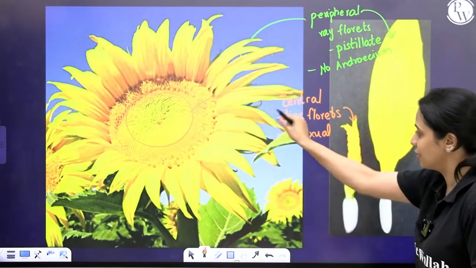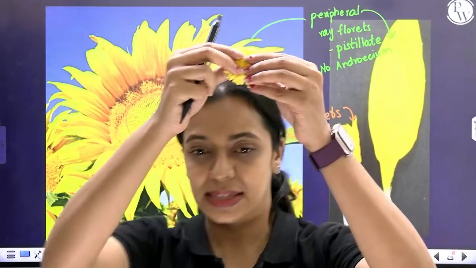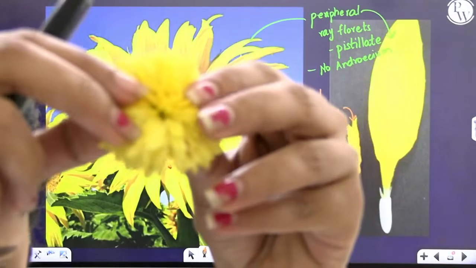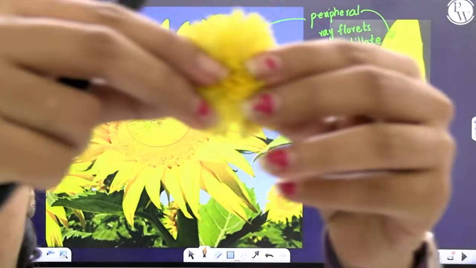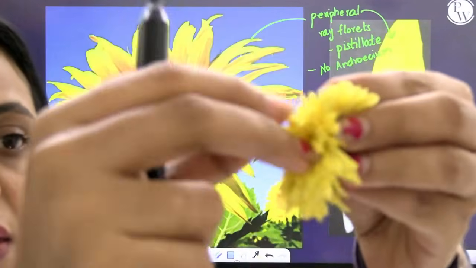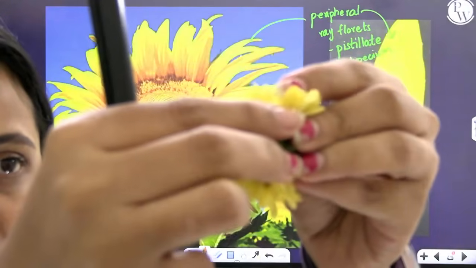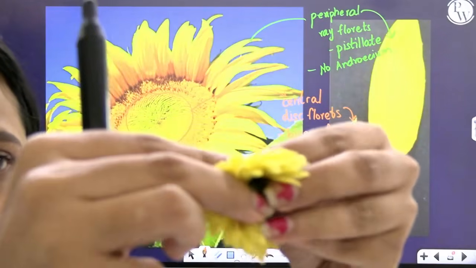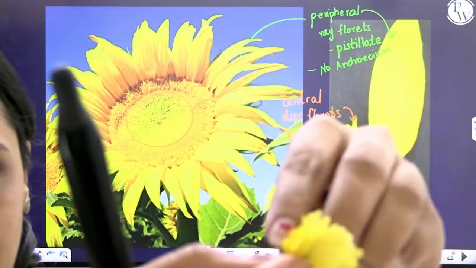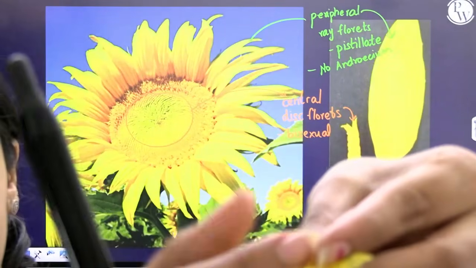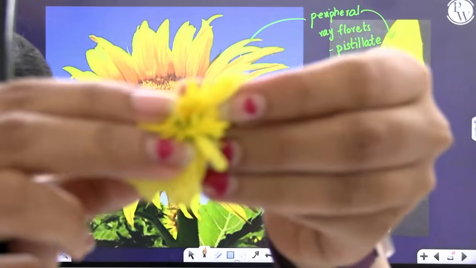So each one here is a ray floret. If you can see this closely, I don't know if the focus will be fine or not. I hope it is visible. So all of these petal-like things individually are ray florets. If you look very closely at the center, you have tiny flowers, not very visible in this flower.